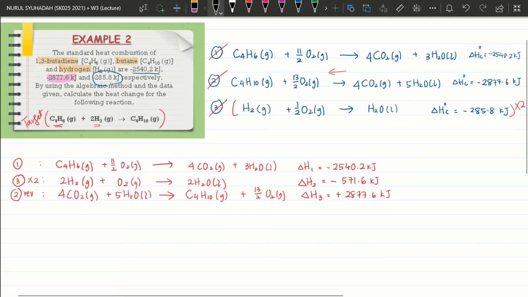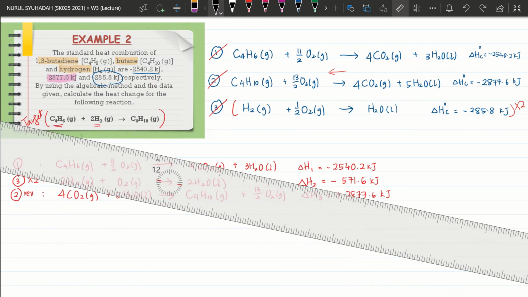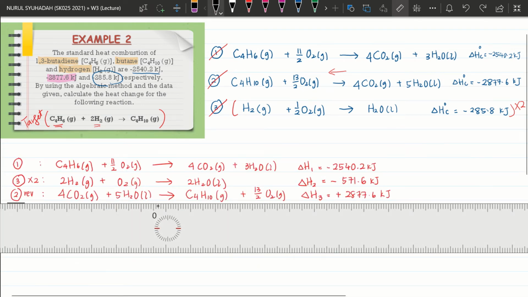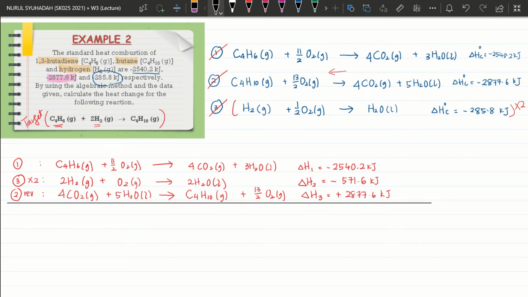So right now the next step is for us to total this. Let me make a pretty line. Add up the equations.